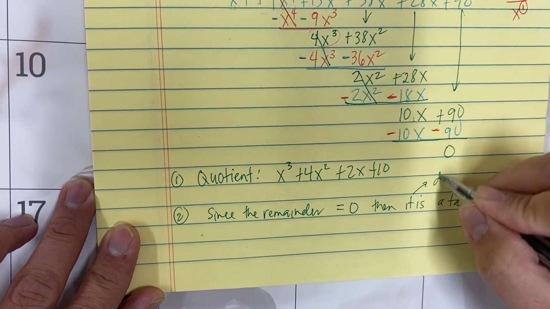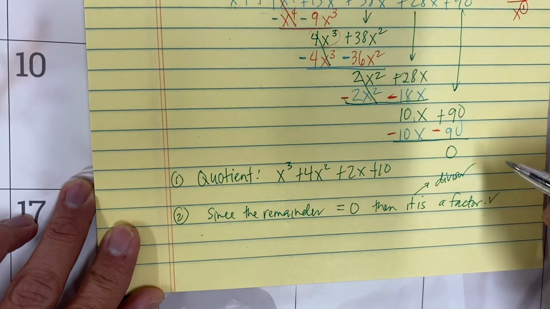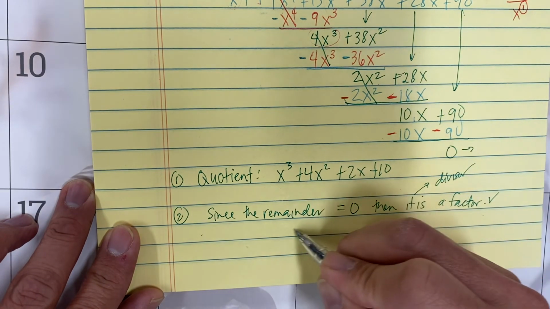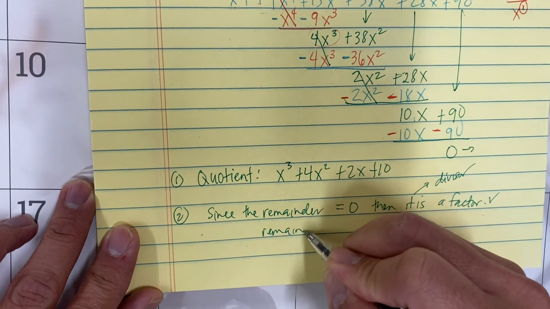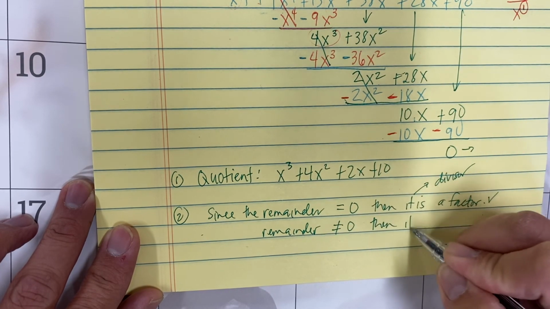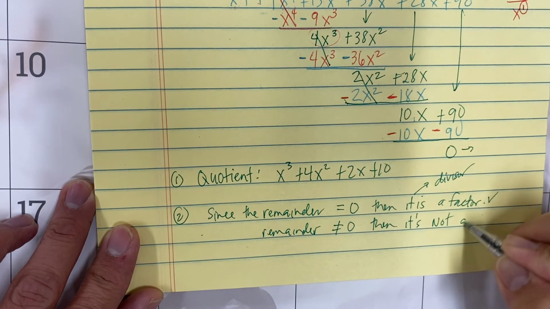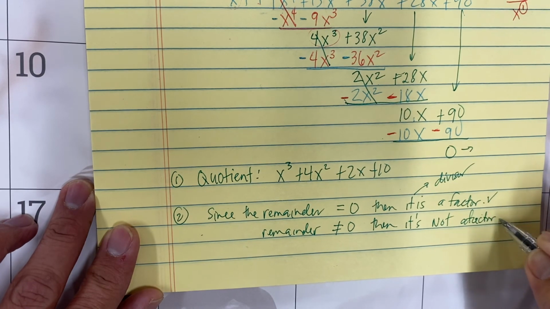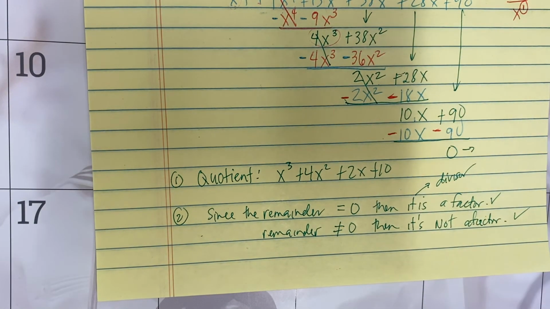But if the remainder is not equal to 0, then it is not a factor. Okay? Something that you have to take note of.